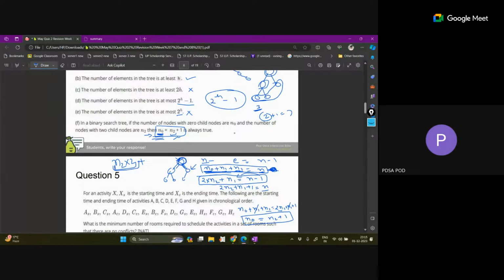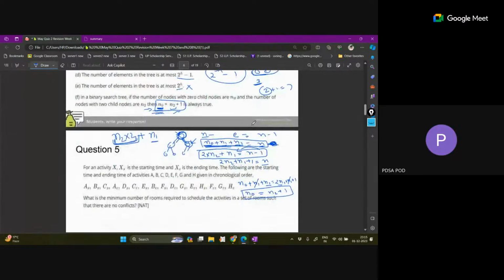We are multiplying n2 by 2, but we will not multiply n1 by 2. This is only n1, because every such node contains only one edge, as it has 1 child. So this represents simply 1. We multiply by 2 just because it has 2 children.